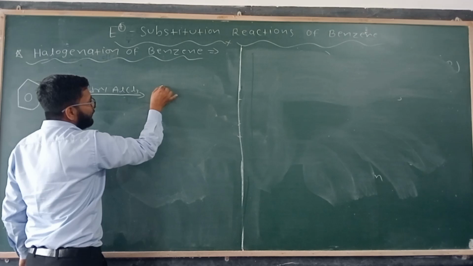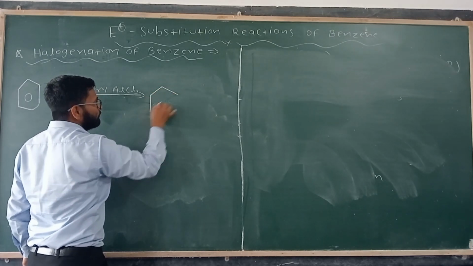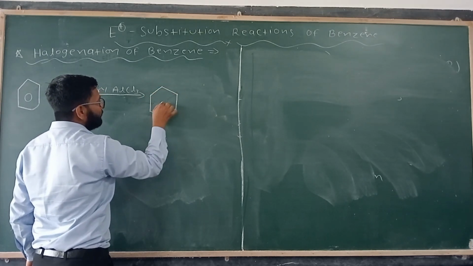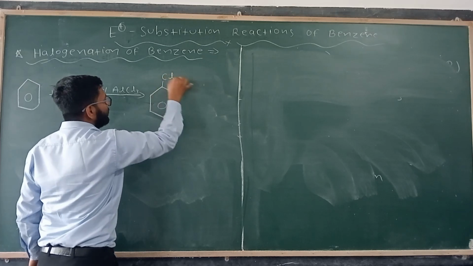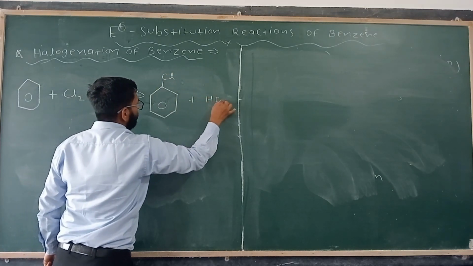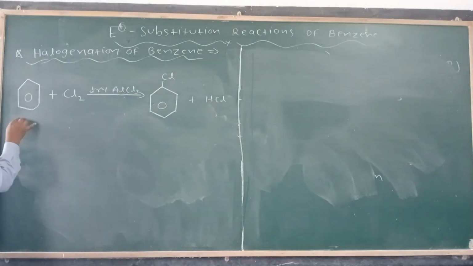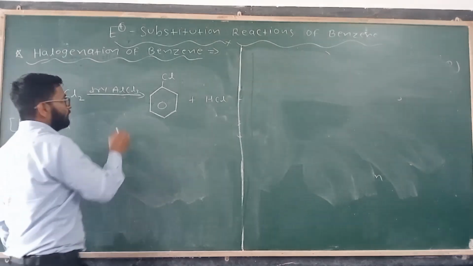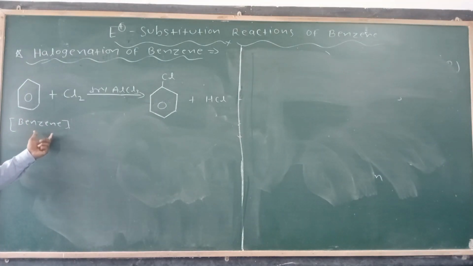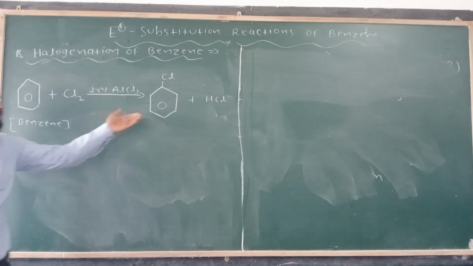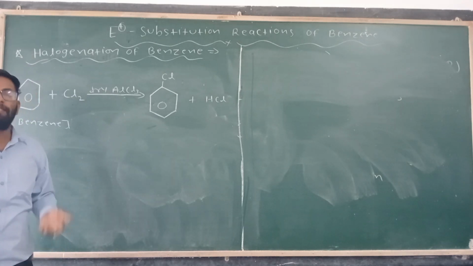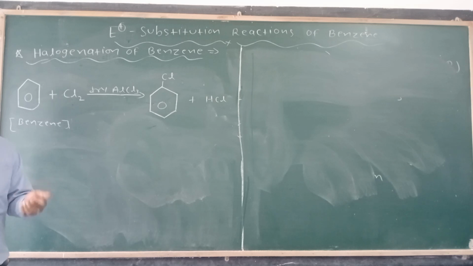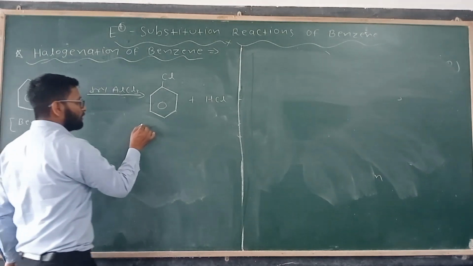When benzene is treated with chlorine in the presence of dry AlCl3, then we get chlorobenzene as the main product. This reaction is known as chlorination or halogenation of benzene.